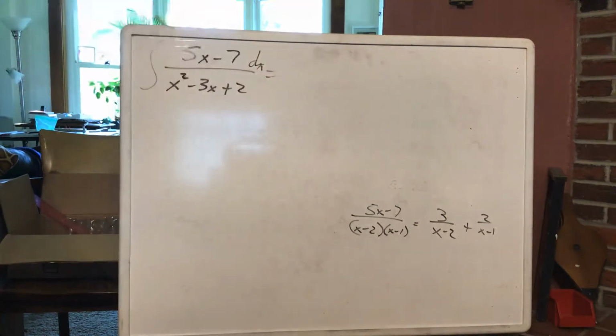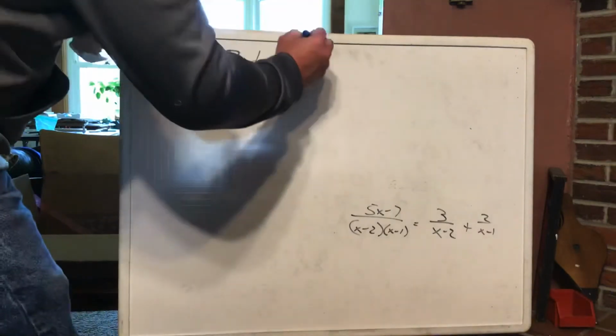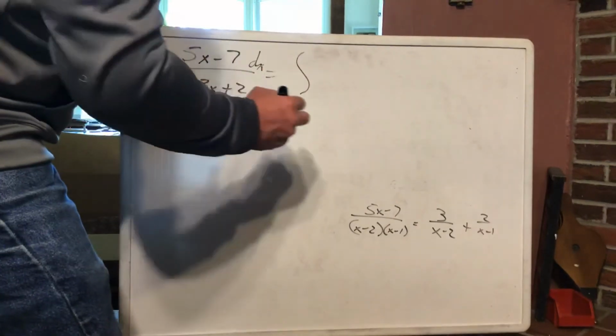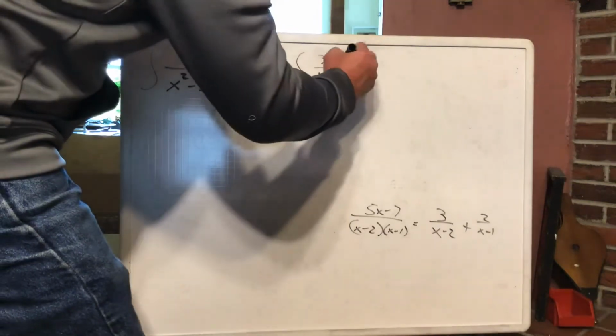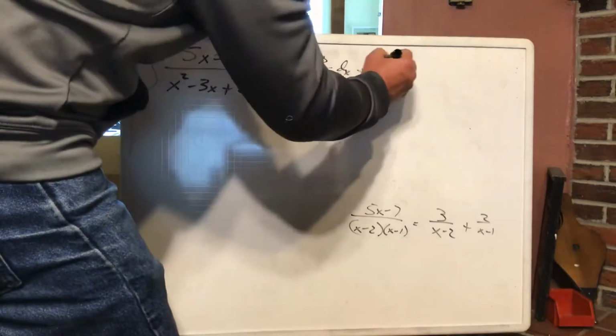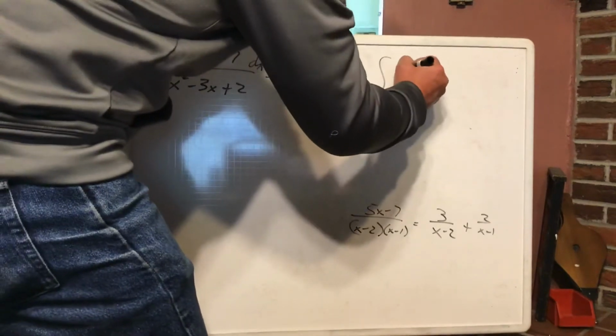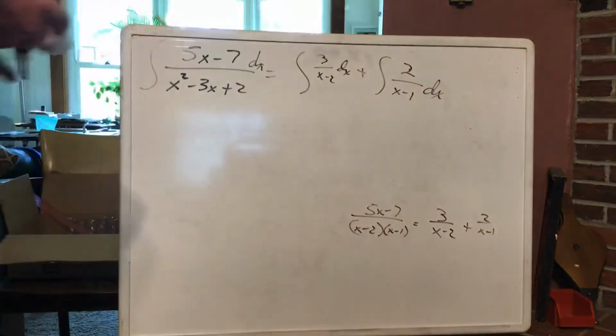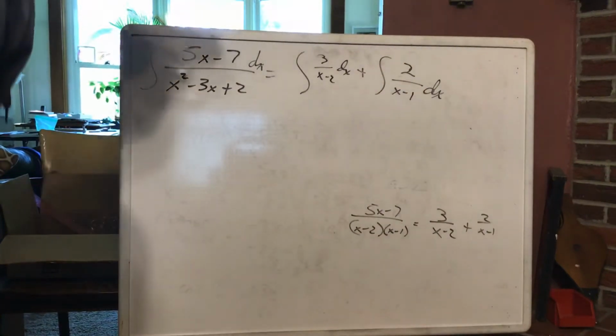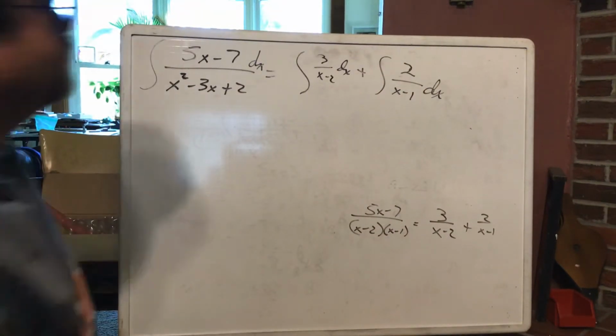And this is a different approach, and I say, okay, now that means I can break that into two separate integrals, one of which is 3 over x minus 2 dx, the other of which is 2 over x minus 1 dx. And for each of those, again, this is going to turn into natural logs.